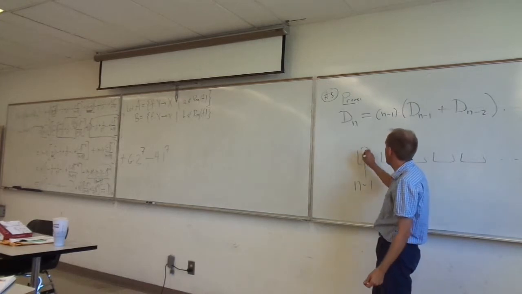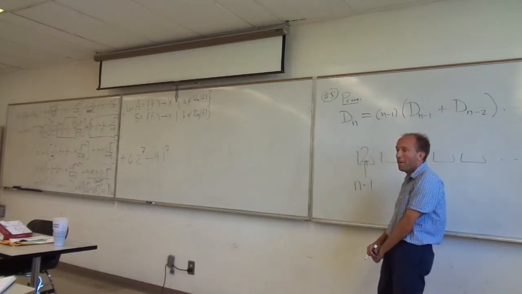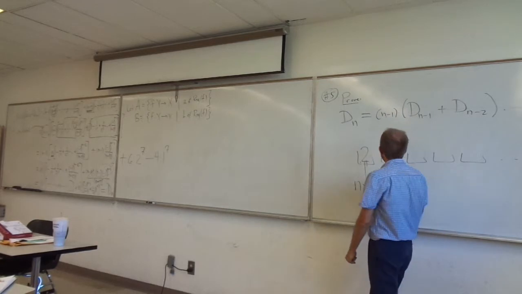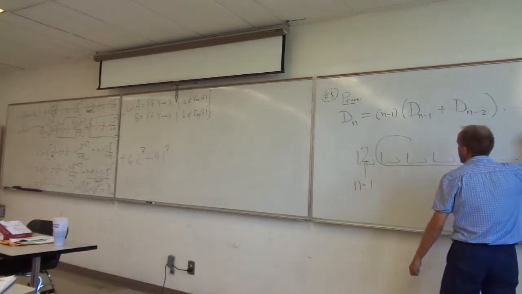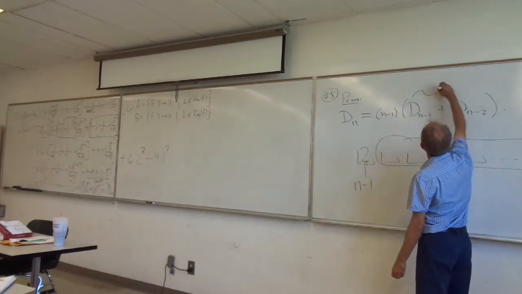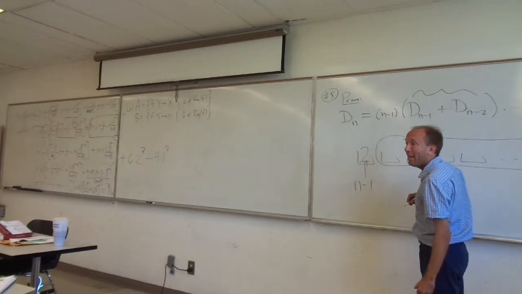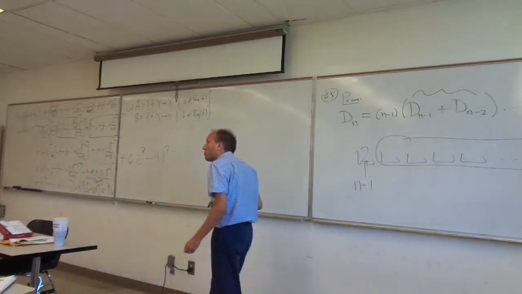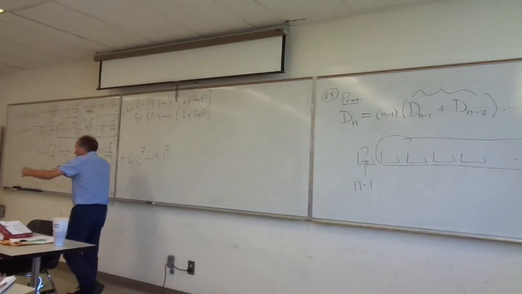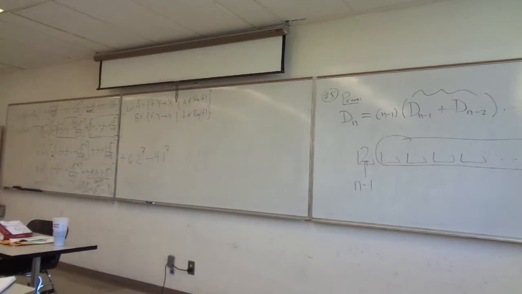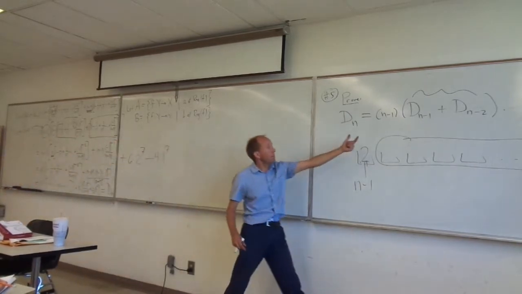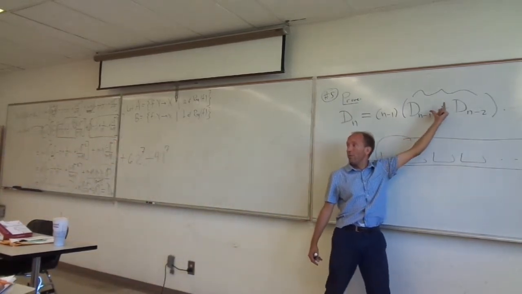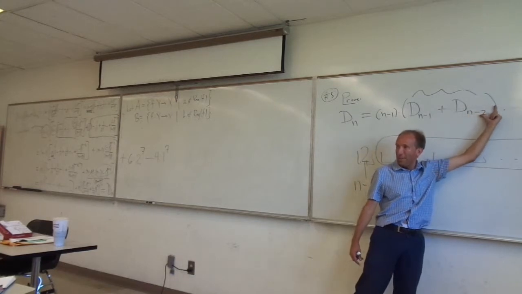And then suppose it's a 2. The question is, how many ways will there be to finish this string? And I claim there are this many. You can think of the number of ways of finishing the derangement in 2 cases, one of which gives you this number, and one of which gives you this number.